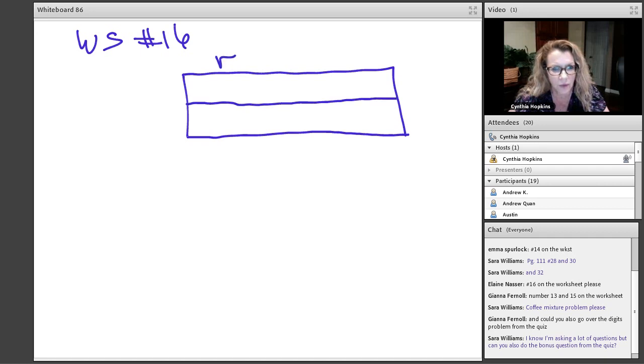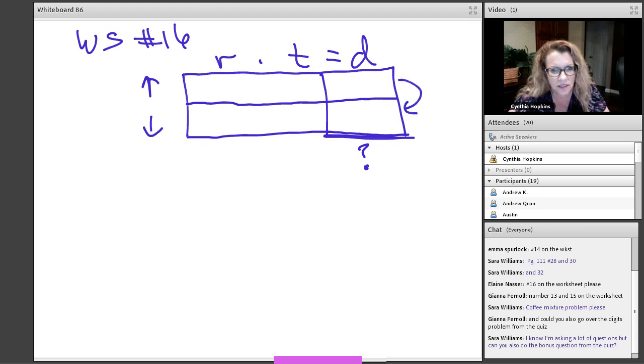So when I write rate times time equals distance, it's going to seem like they didn't tell you a total down here. And that's because if you go upstream and then turn around and come back downstream, these two distances are going to be equal to each other. Does that make sense? So you don't need to know a total distance. The distances are equal to each other.